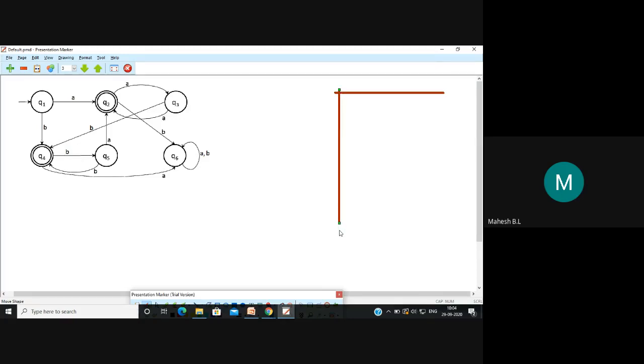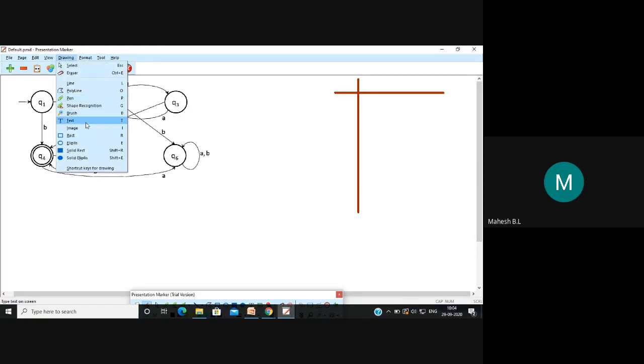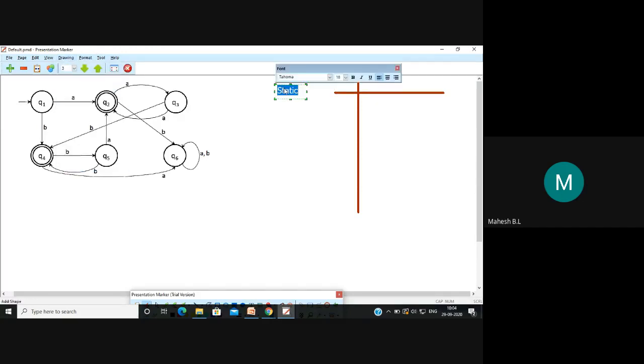So I'm going to draw the transition table first. This is the table for delta.